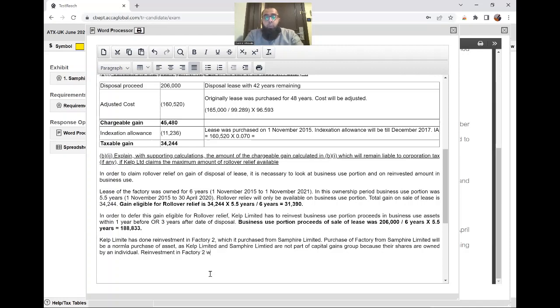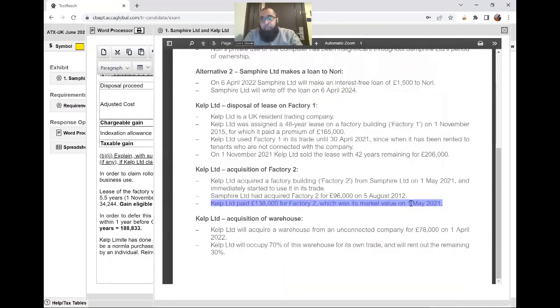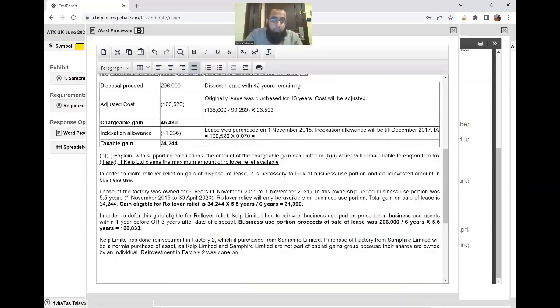was done on what date? It was done on 1st May 2021. And the previous asset was sold in November 2021. So the limit is that we can go back up to 12 months before or 3 years after. I will repeat it, so don't worry.